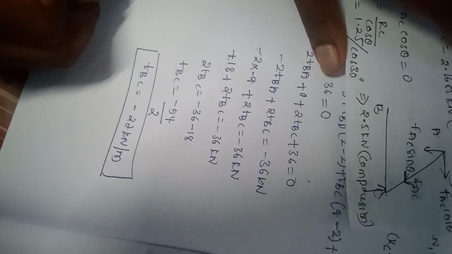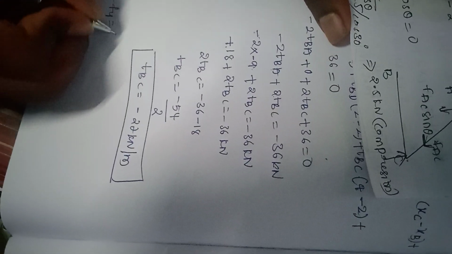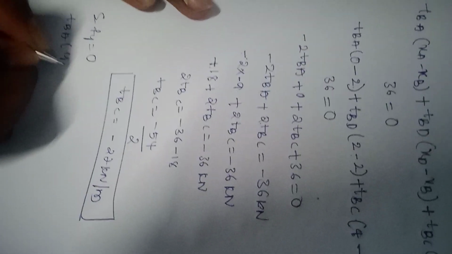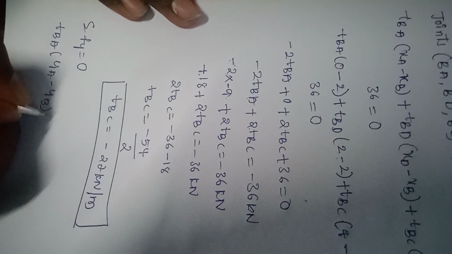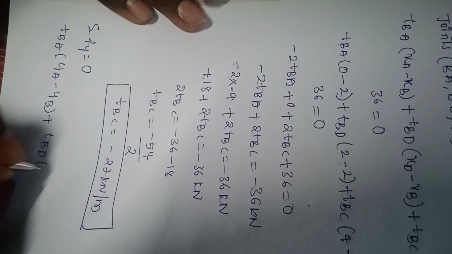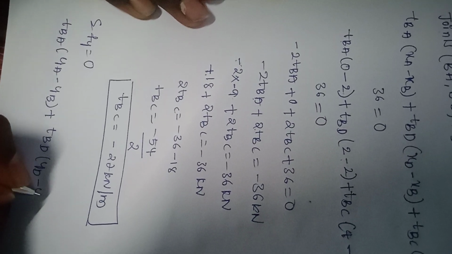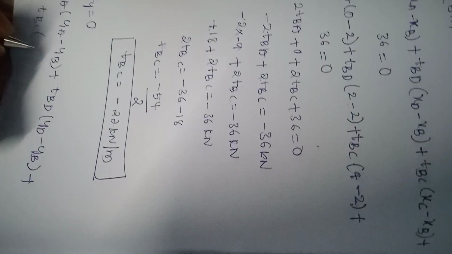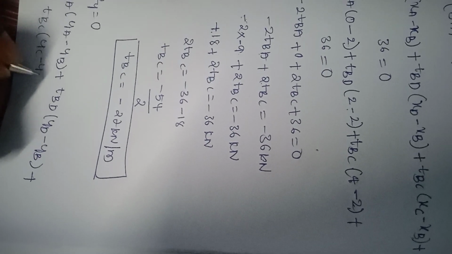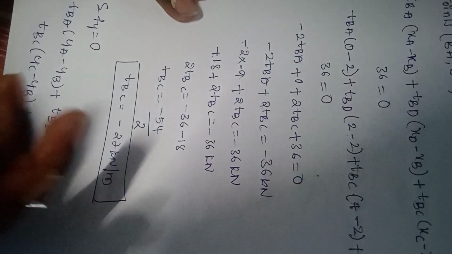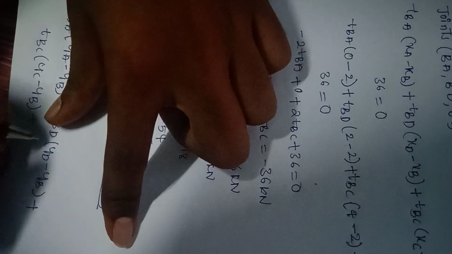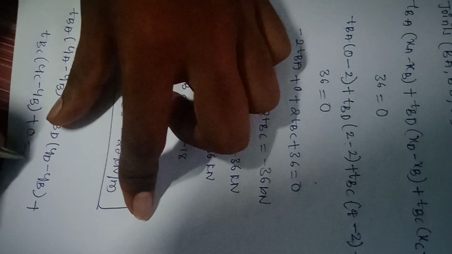Let us consider sum of vertical forces equals 0. Therefore tension in BA into YA minus YB, plus tension in BD into YD minus YB, plus tension in BC into YC minus YB. Here the force will change because we are considering vertical forces. What vertical force do we have? Nothing, so it is 0.